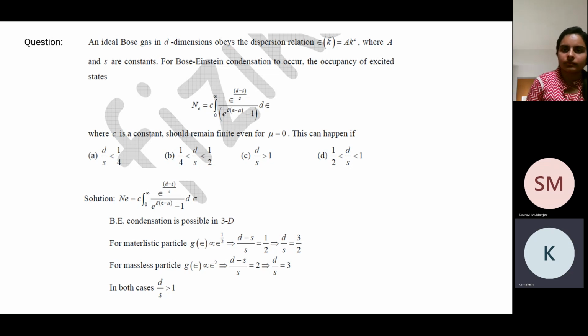Ma'am, massless particles means photons. Okay, so the energy would be p times c, right? So the density of states is given by 4 pi p square dp.